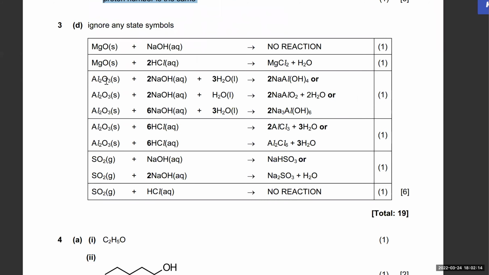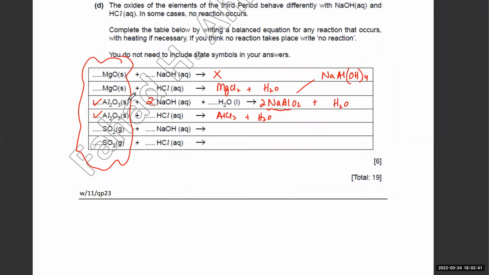For example, for Al2O3 with NaOH, they've allowed NaAlO2, NaAl(OH)4, Na3Al(OH)6 as well. If we were using this equation, there was no need for this H2O, because one of the H2Os over here would get cancelled out. But remember, for Al2O3, don't get confused with the marking scheme. There are multiple options available for the equation.